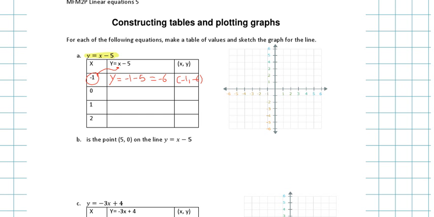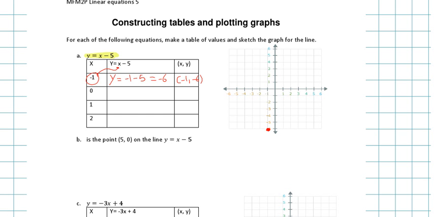So my point is (-1, -6). You guys see that point here? That is my first point: -1 on the x, -6 on the y. Okay? Now, my second x value is 0. So I plug in 0 for x.